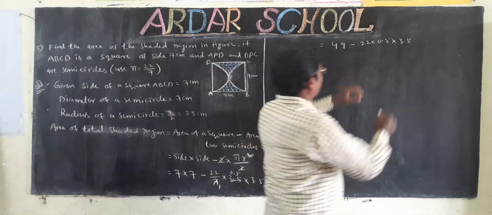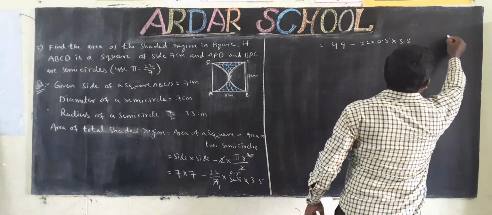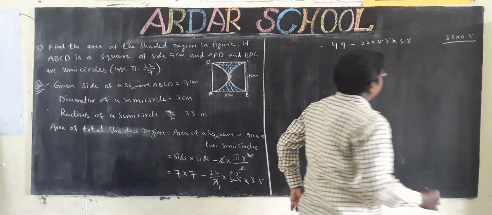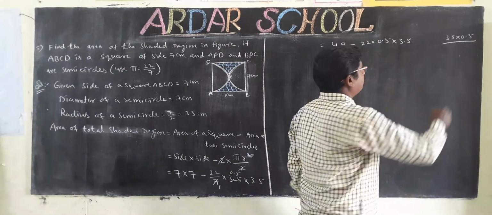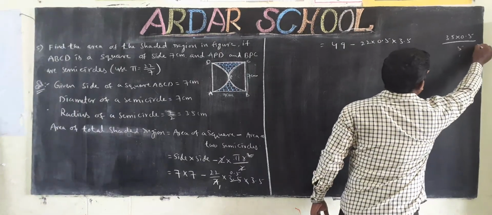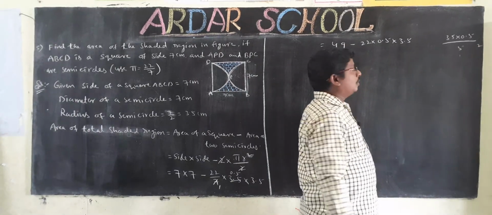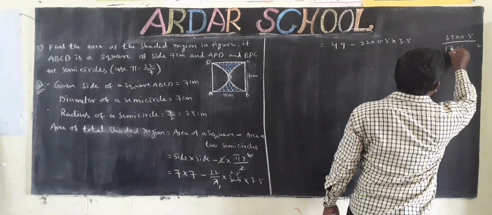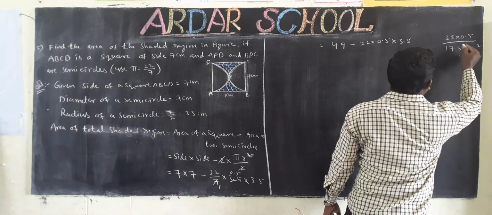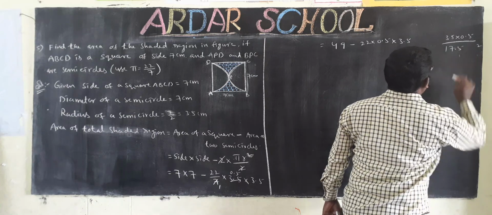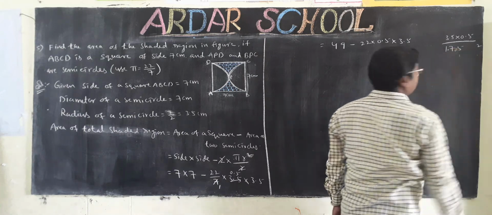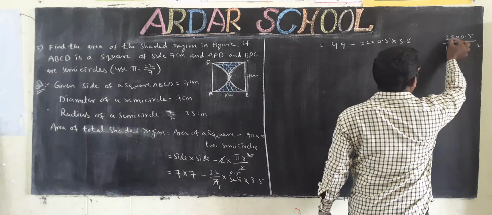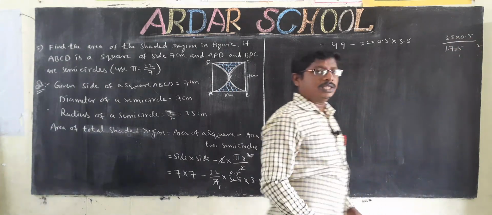First you have to multiply these two, 3.5 into 0.5. 5 fives are 25, 5 threes are 15 plus 2, 17. Two decimals are there, so that is 1.75.